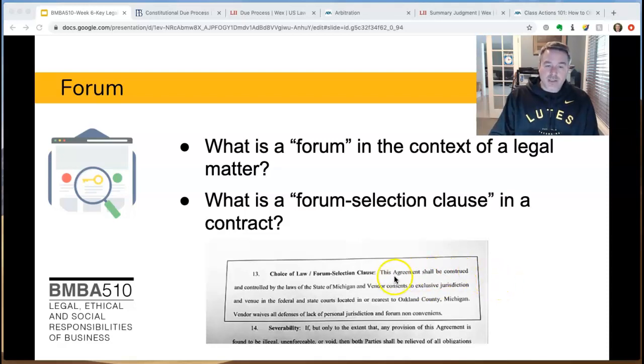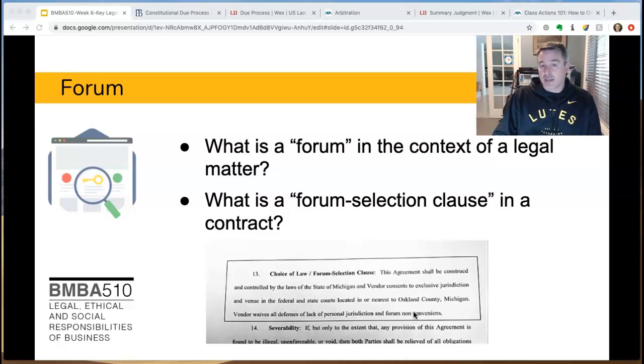You can see here it says this agreement shall be construed and controlled by the laws of the state of Michigan, and the vendor consents to exclusive jurisdiction and venue in the federal and state courts located nearest to Oakland County, Michigan, and waives defenses of lack of personal jurisdiction and forum non conveniens. So that's what I meant earlier when I said you can't be sued in some faraway place.